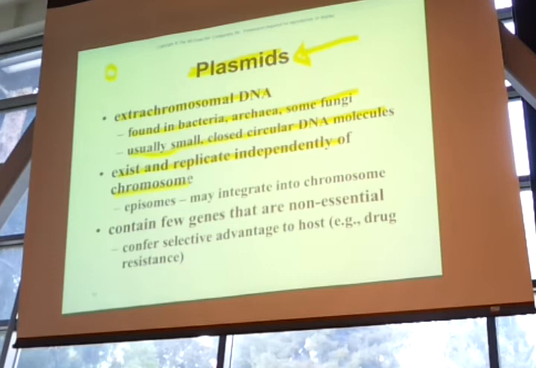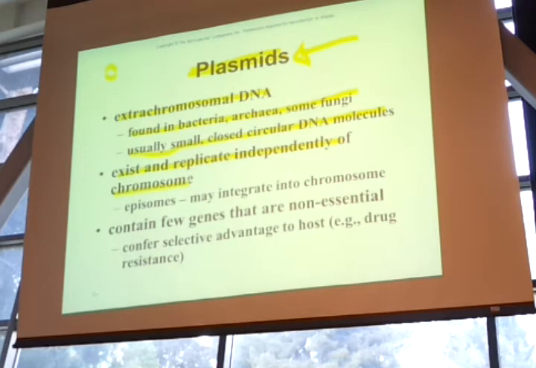Some plasmids are referred to as conjugative plasmids because they have genes that code for the formation of the F pilus, otherwise known as the sex pilus, that allows that particular plasmid to be replicated and transferred to another organism.